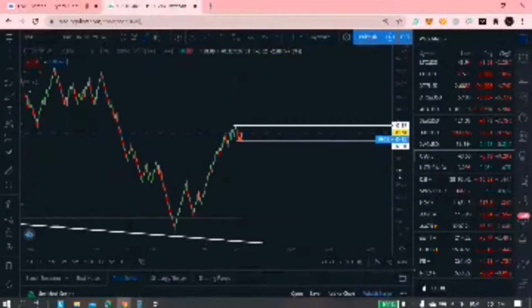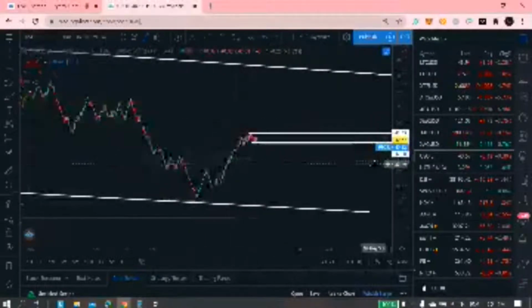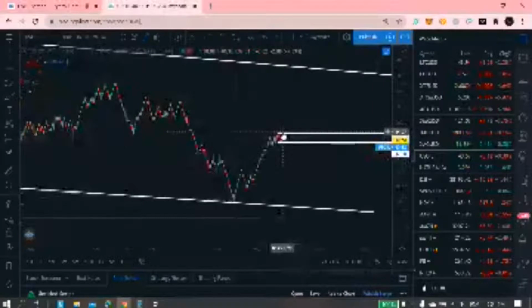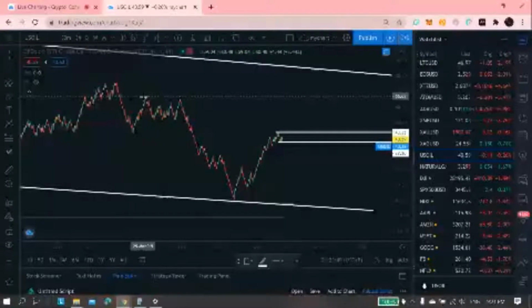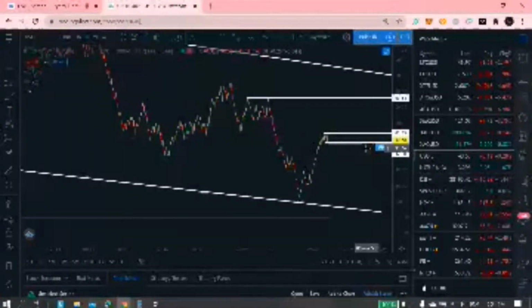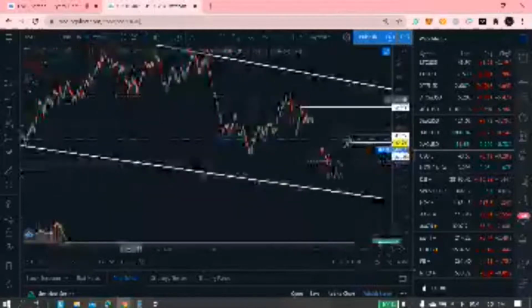But of course, if I measure the risk reward here, it's no longer profitable. So I'll just wait for a breakout and possibly enter it. Possible target around the 60 area. So yeah, let's see how it goes for oil.